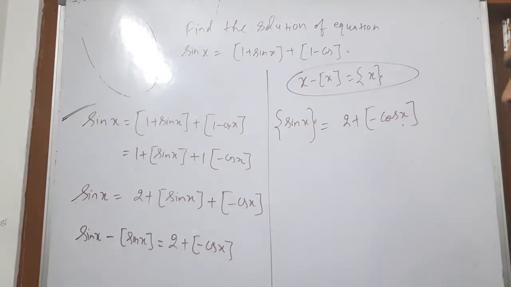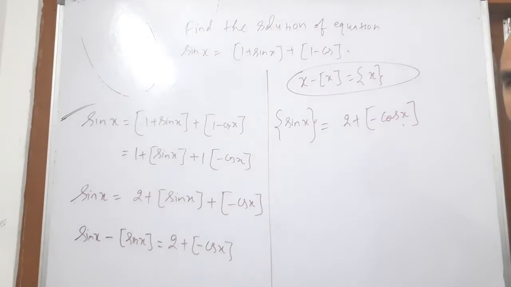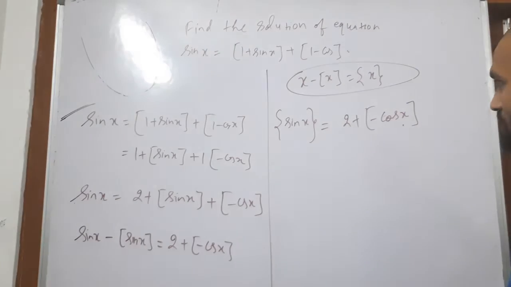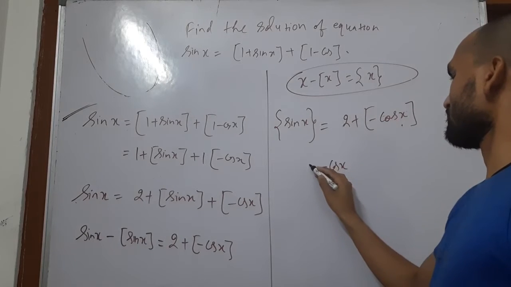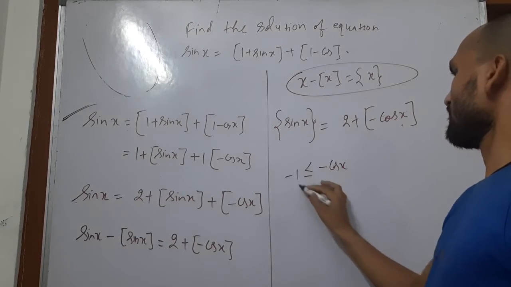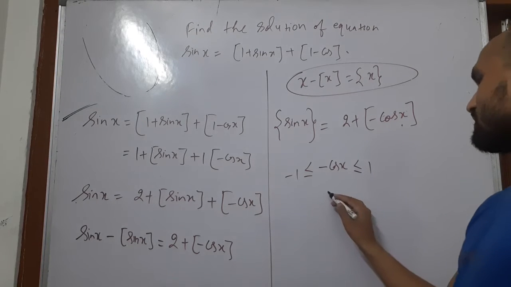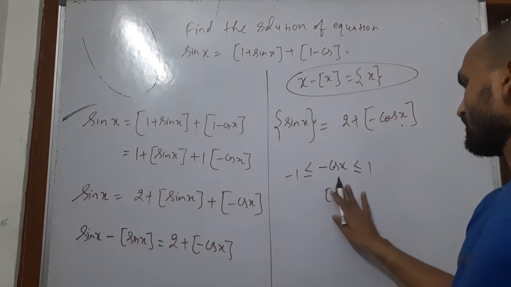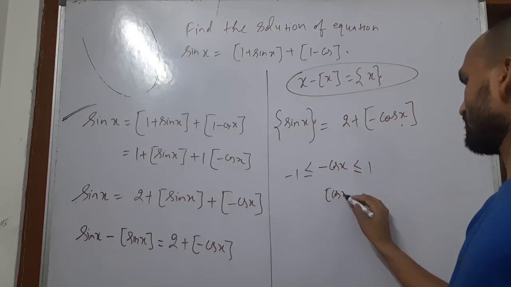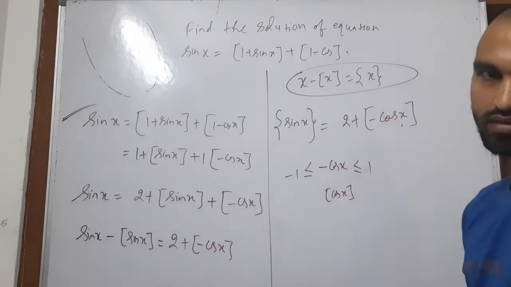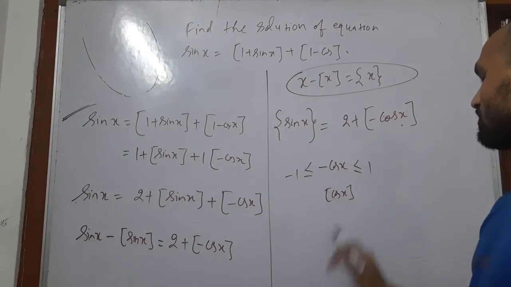We know that cos x belongs to minus 1 to plus 1, so minus cos x will belong to minus 1 to plus 1.